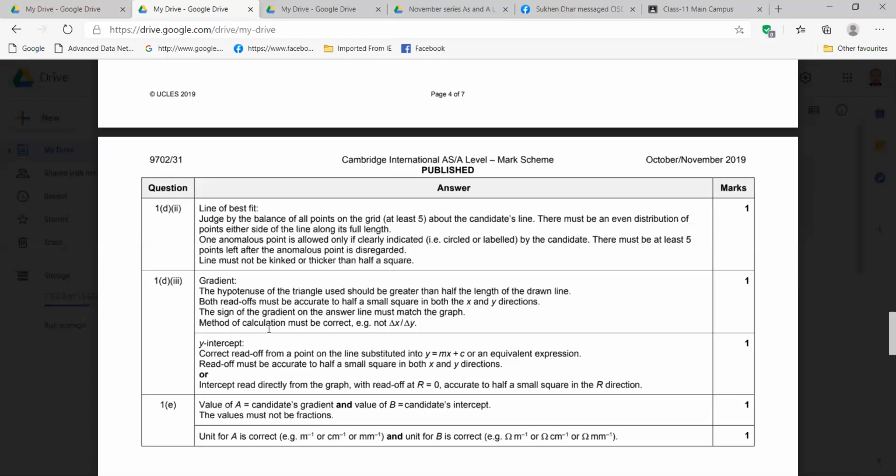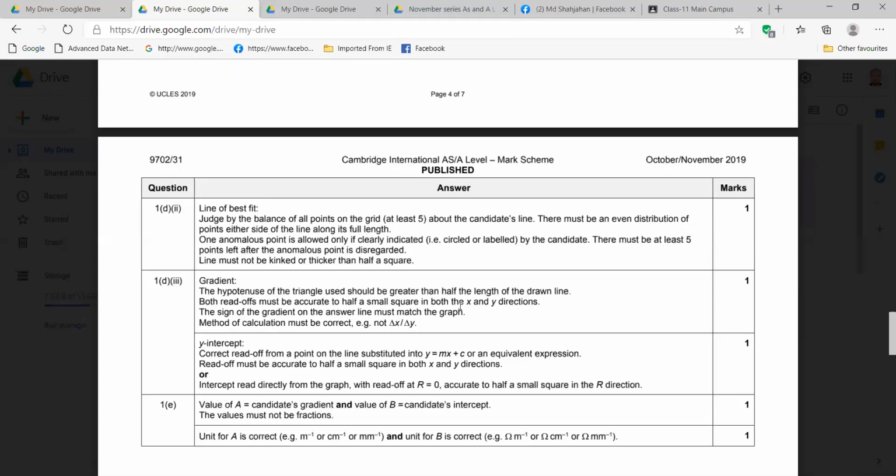We are considering 2 points to make the triangle, isn't it? So here both the points must be accurate, and they should be on the line. You cannot take randomly any 2 points from the table.